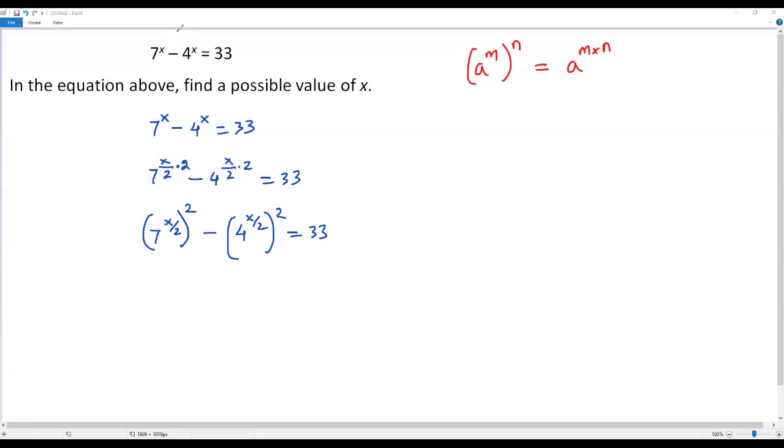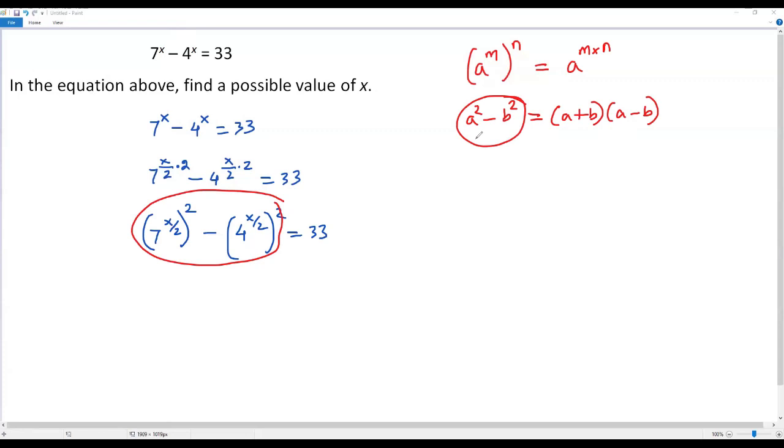Now let me consider an important identity in algebra, that is a square minus b square. Actually, it's called difference of two squares. Whenever we have difference of two squares, it can be written in factor form, that is a plus b times a minus b. The expression we have on the left side is exactly in this form. In the place of a, we have 7 to the power of x over 2. In the place of b, we have 4 to the power of x over 2.